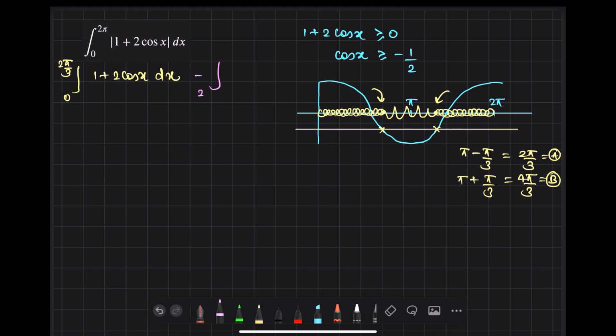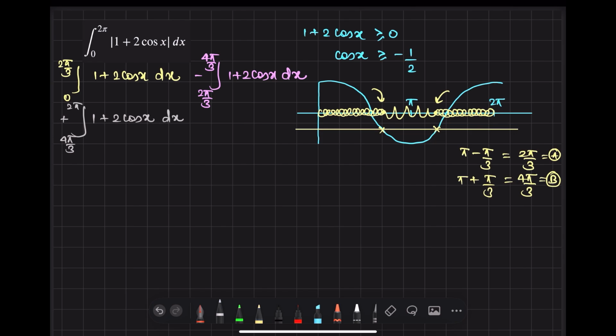So from 2 pi by 3 to 4 pi by 3 it will open with negative sign, 1 plus 2 cos x dx. Now in the third room, function will open with positive sign. So plus 4 pi by 3 to 2 pi, 1 plus 2 cos x.